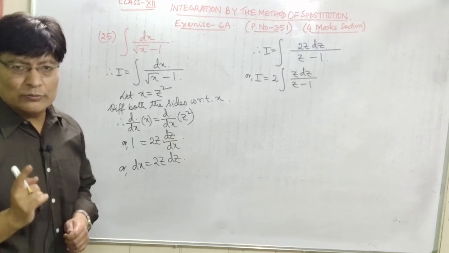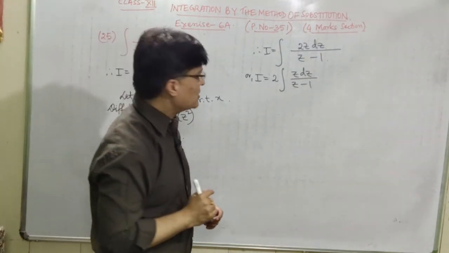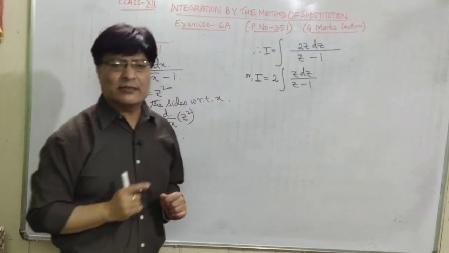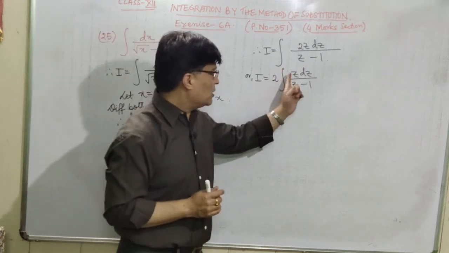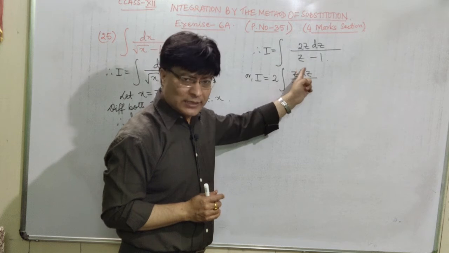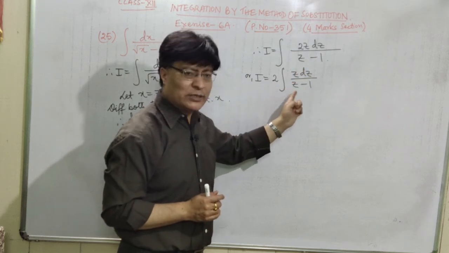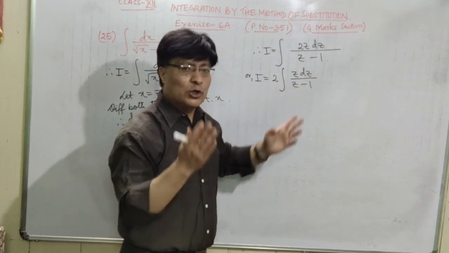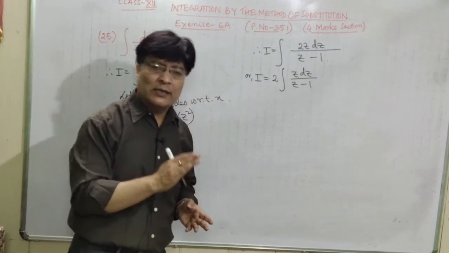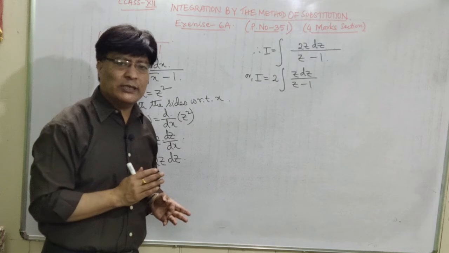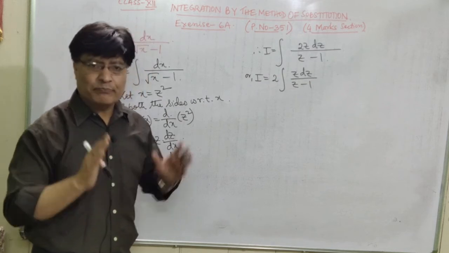Is that clear now? So in this case, you know the method how to simplify and integrate it. In the numerator, what is the power of z? It is 1. And in the denominator, what is the power of z? That is also 1. So the highest power of z in both the numerator and the denominator is the same. So what is the method here?